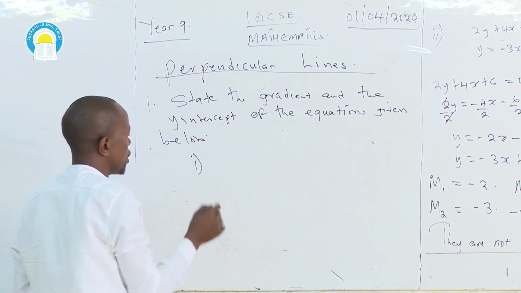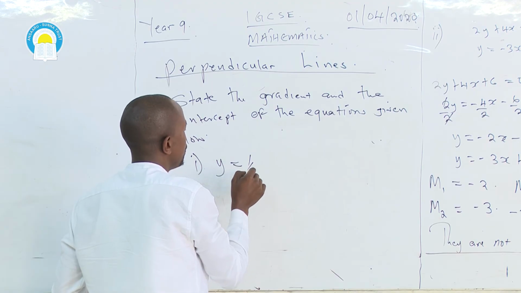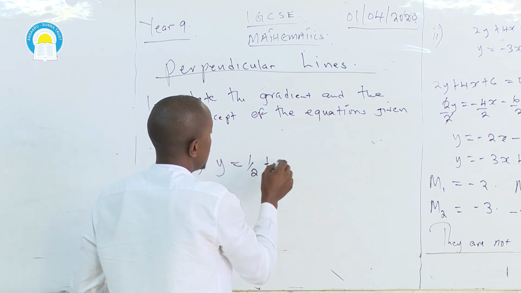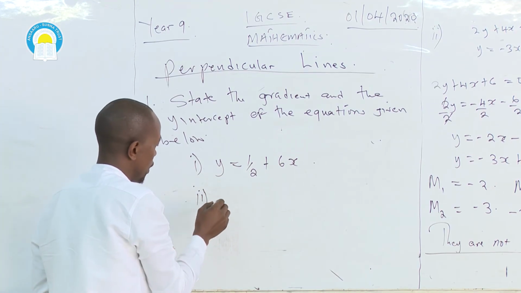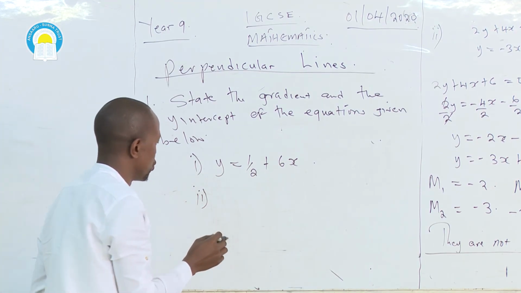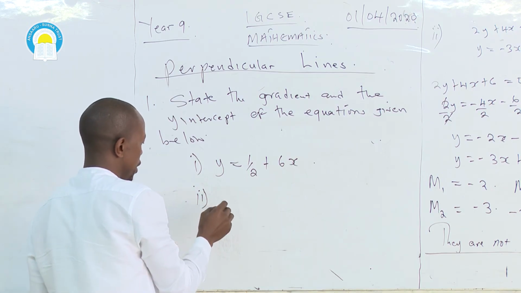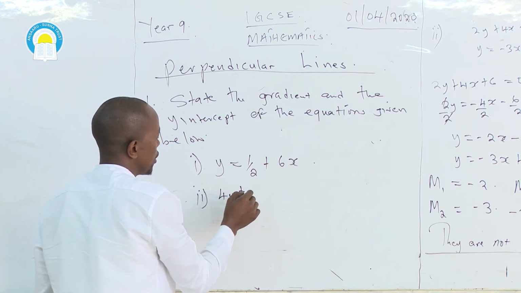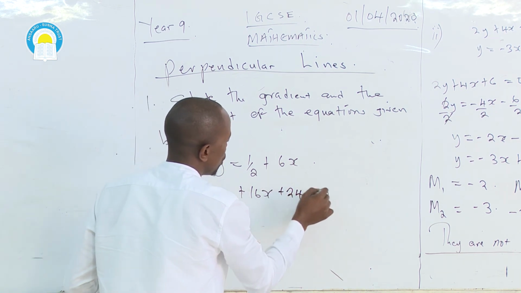The first one is y is equals to a half plus 6x. Then number 2, which you need to write in the form of y is equals to mx plus c: 4y plus 16x plus 24 is equal to 0.